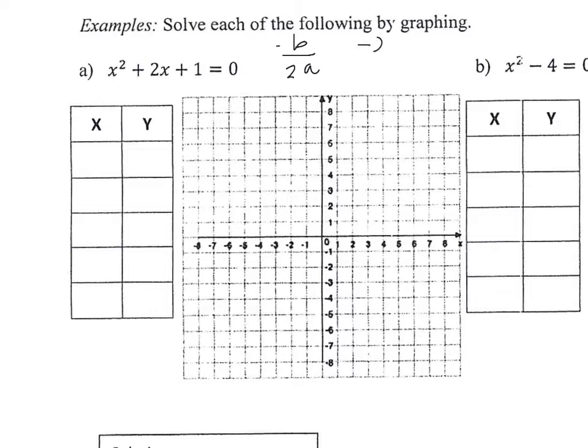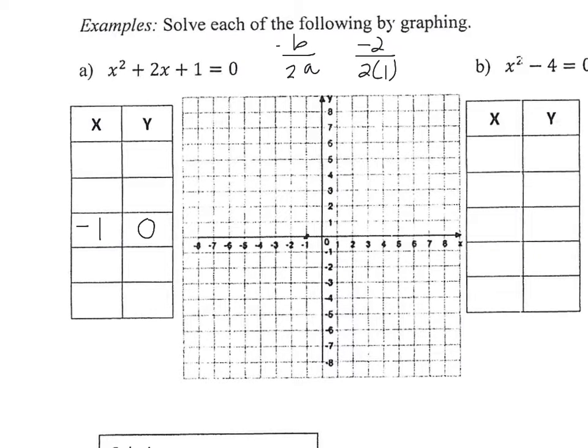So it's opposite 2 over 2 times 1. So the vertex is at -1 for the x value, and now I'm going to plug in -1 right here and see what I get. So if I plug in -1, 1 minus 2, -1 plus 1 is 0. So -1, 0.